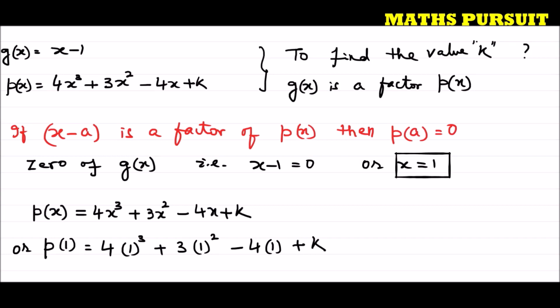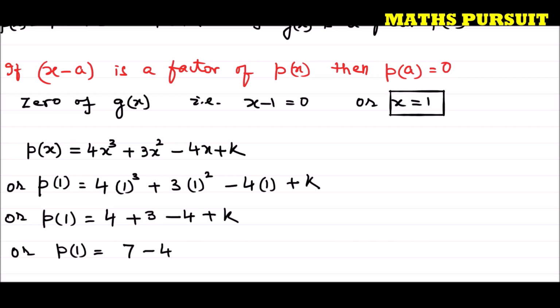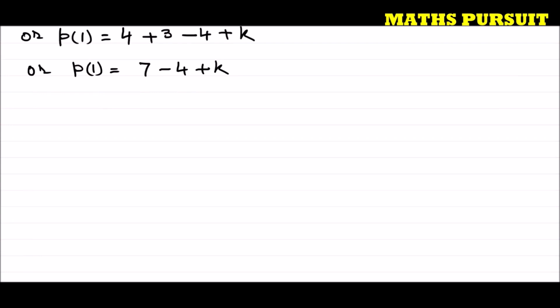Or I can write p(1) is equal to 4 plus 3 minus 4 plus k. 4 plus 3 is 7, 7 minus 4 is 3, so p(1) is equal to 3 plus k.